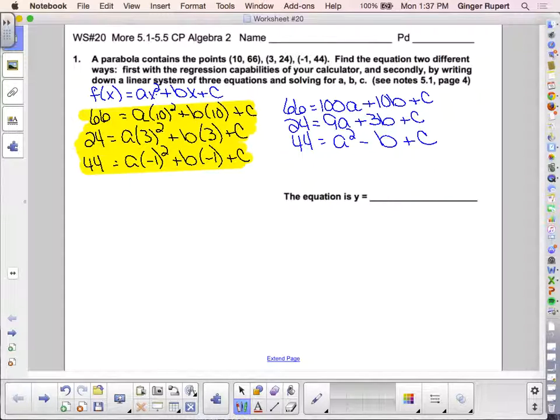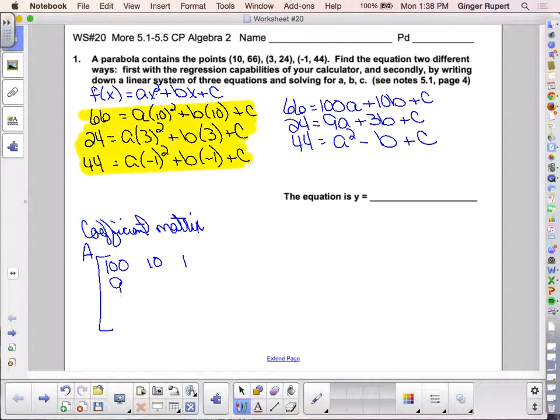Now we're going to set that up as a matrix equation. Remember, first we have the coefficient matrix, which we will call A. And that's where we take the coefficients on the variables and put them into a matrix.